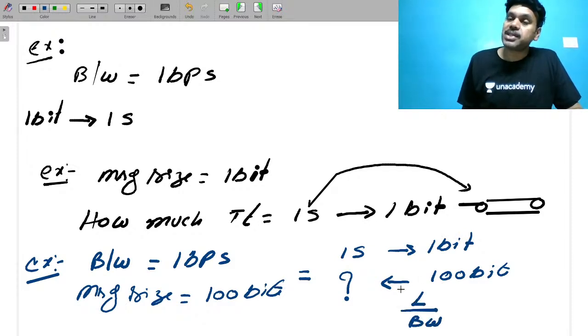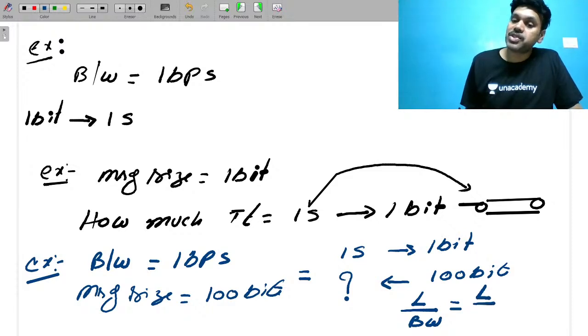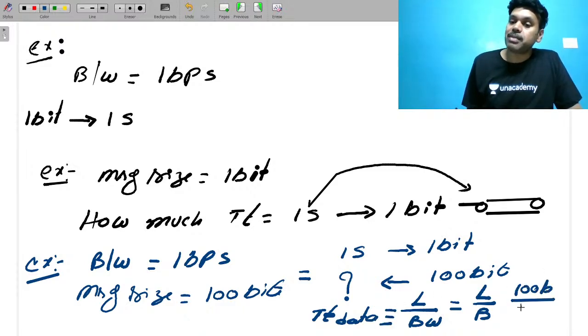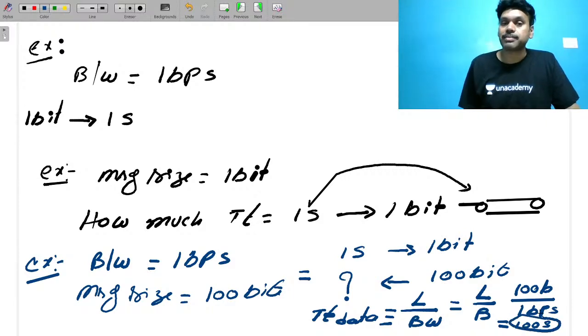Message size is nothing but the length of the message, denoted as L, and the bandwidth is B. So the length of the message divided by bandwidth, L by B, is your transmission time to push your data onto the media. That is 100 bits divided by the same bandwidth, 1 bit per second. So it takes almost all 100 seconds, my dear friend.